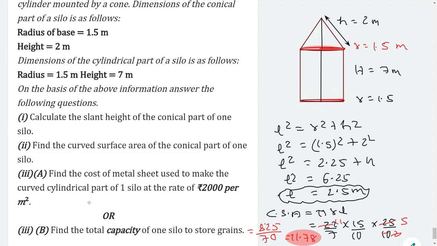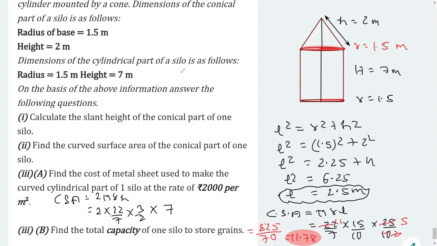So what do we know about the curved surface area? Let's make some space over here. So curved surface area of cylinder, right? CSA of cylinder is 2 pi RH. And if I replace pi as 22 over 7, radius as 15 by 10, which is 3 by 2, and height is 7.